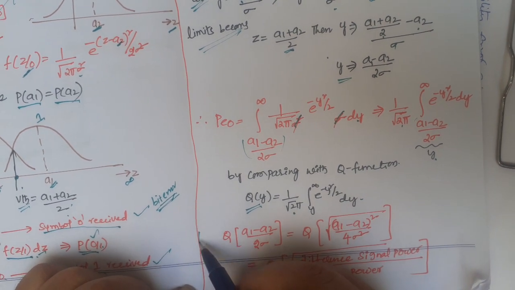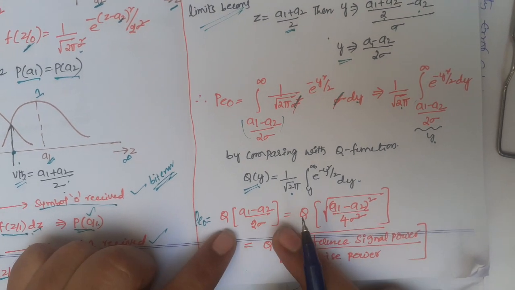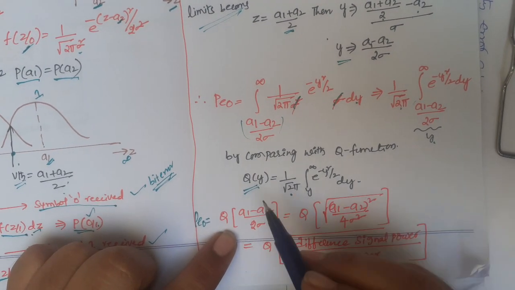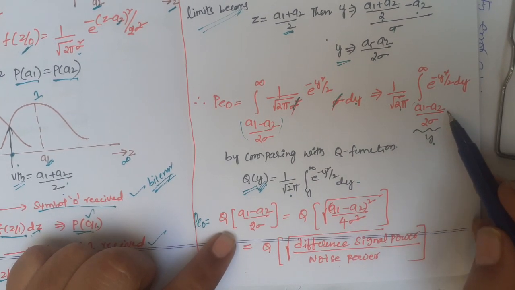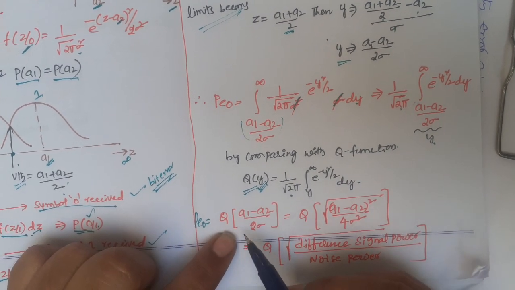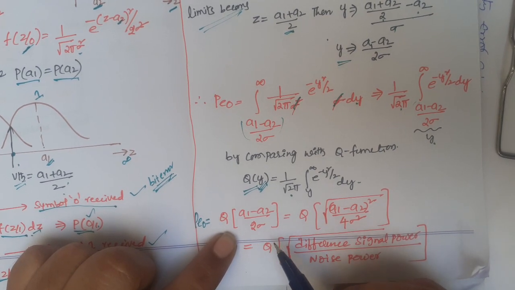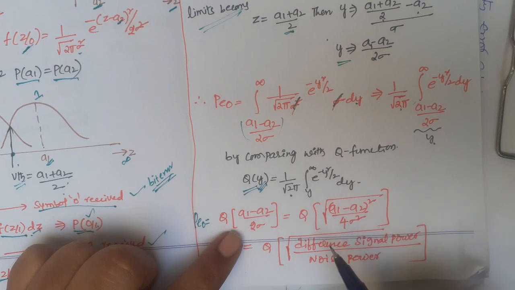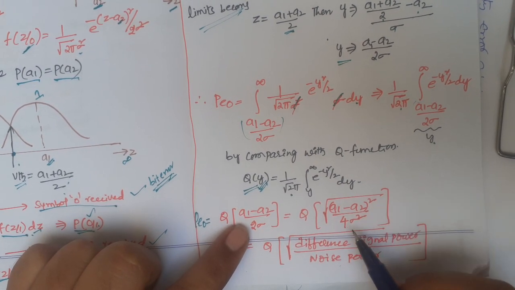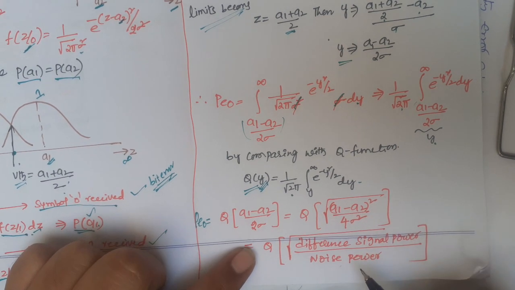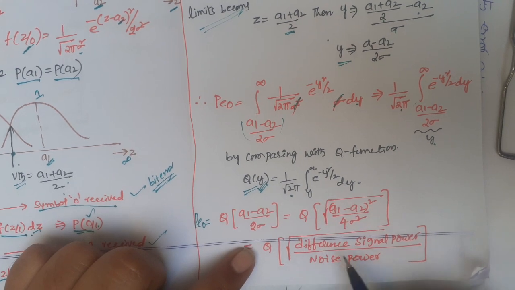So here my probability of error 0 is equal to the Q function of y, right? What is the y value? The y value is (a1 minus a2) by 2 sigma, Q function of y. If I write this into the root, it becomes (a1 minus a2) whole square by 4 sigma square. So this one we can call the difference signal power.